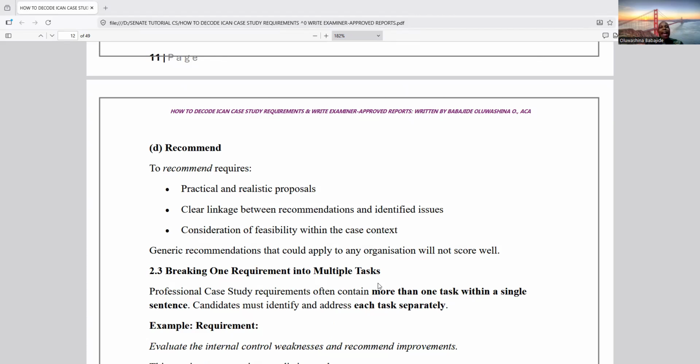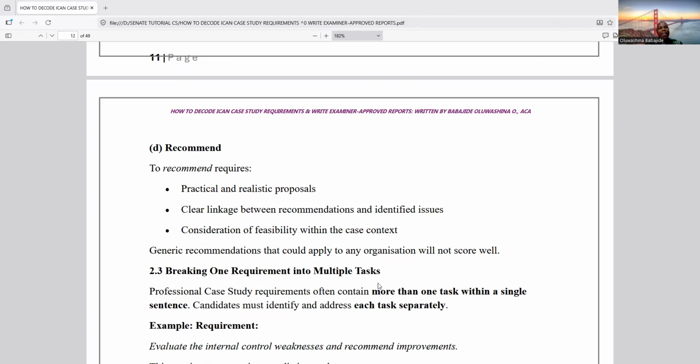Then there must be clear linkage between the recommendation and the identified issues. You link it to the identified issue. Then consideration of feasibility within the case context. You don't go out of the case given to you. Everything they want you to do is within that case.